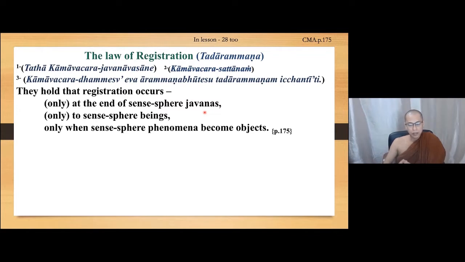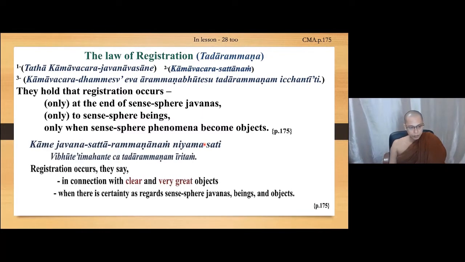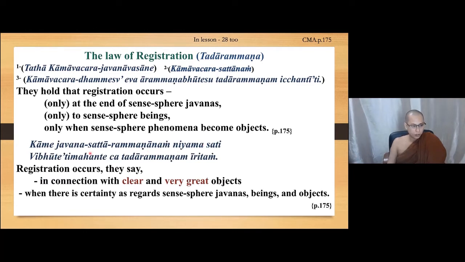The texts in the Abhidhammattha Sangaha are very concrete and meaningful all the time. And in the conclusion, more information about the object is added. Kame Javana Satalambanana Niyame Sati Vibhuteti Mahantepi Tadarammana Miritam. So the registration occurs, they say here, the senior teachers, who are senior to Venerable Anuruddha who wrote the Abhidhammattha Sangaha text.